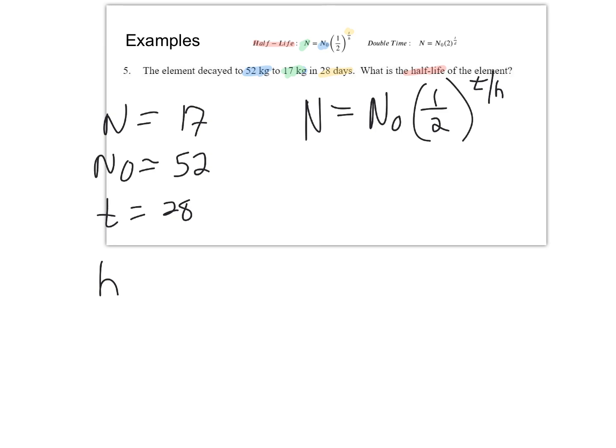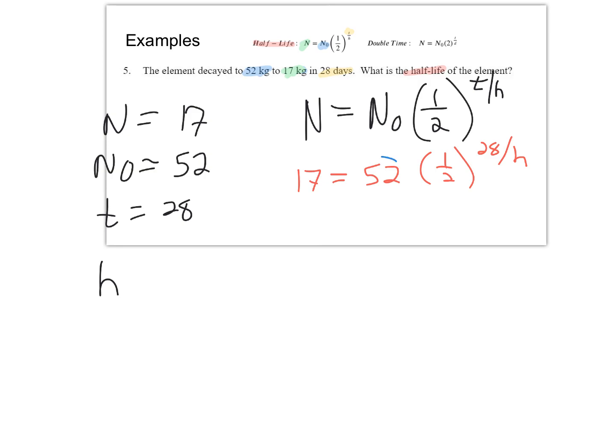All right. So again, because the variable that we're missing is in the exponent, this is another log problem. All right, so here we go. N, 17, equals N-O, 52, times 1/2 to the 28 divided by H. Now again, I can't do this because I don't know what H is, so I can't be raising that to the power of 28 over H. It doesn't work.